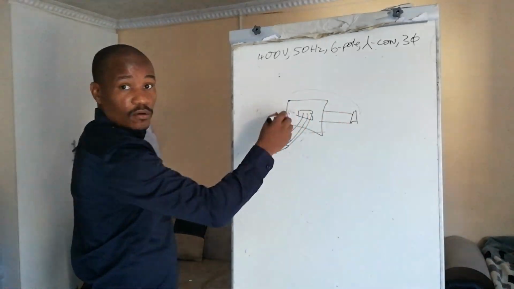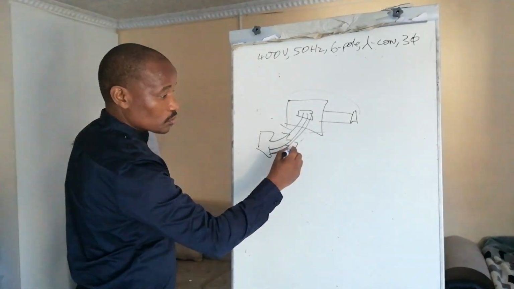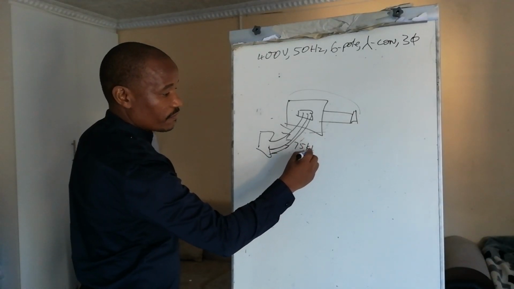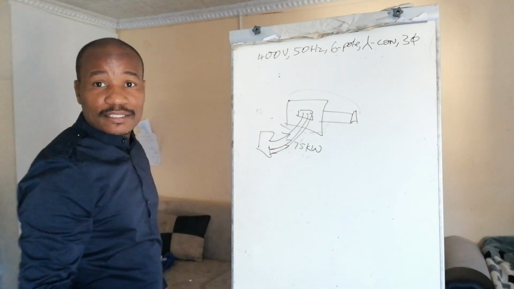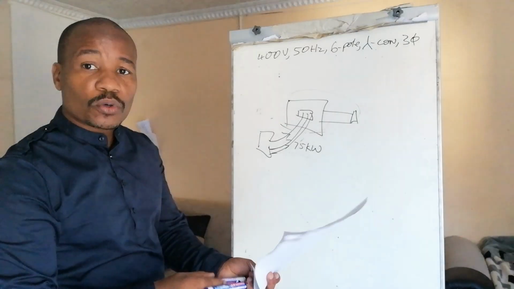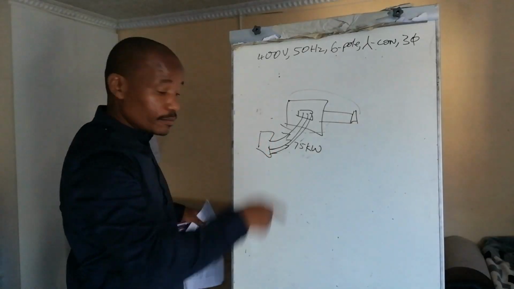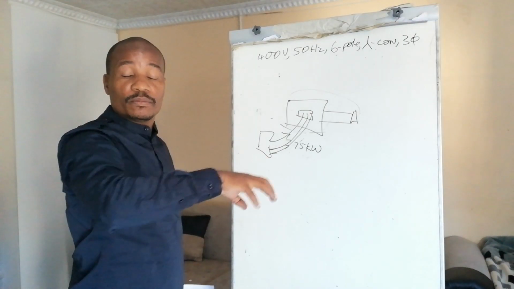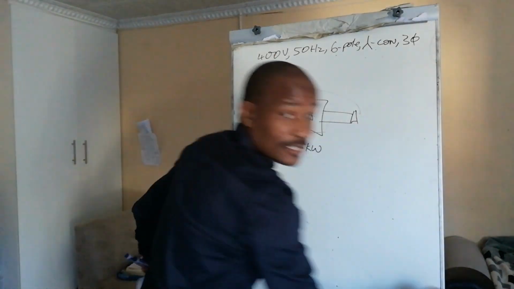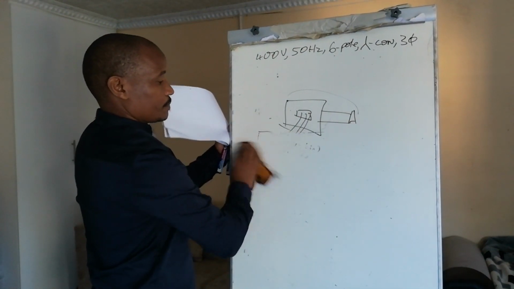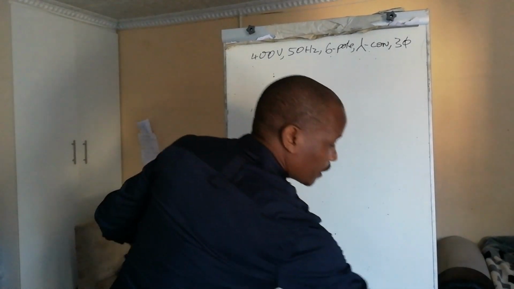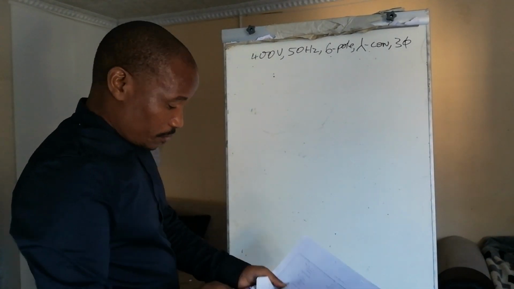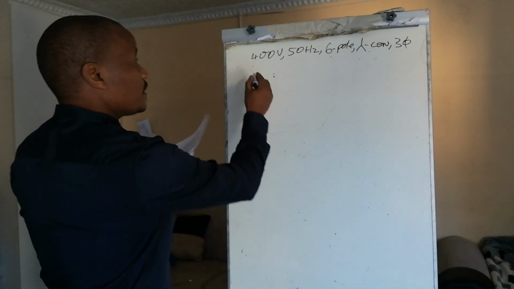This motor from this galvanic stand consumes 75 kilowatts, meaning this 75 kilowatts is an input to the motor. That's why I'm telling you it's an input. This motor consumes an input of this much. All right, let's continue.